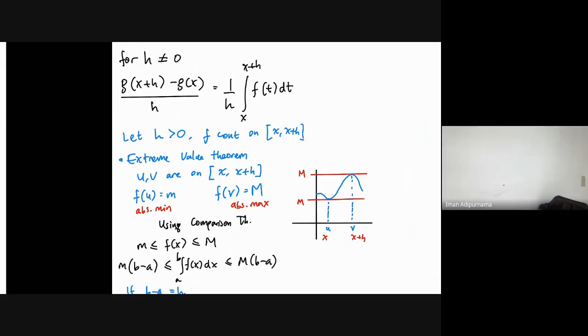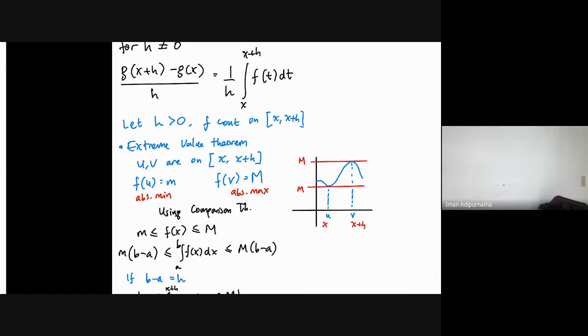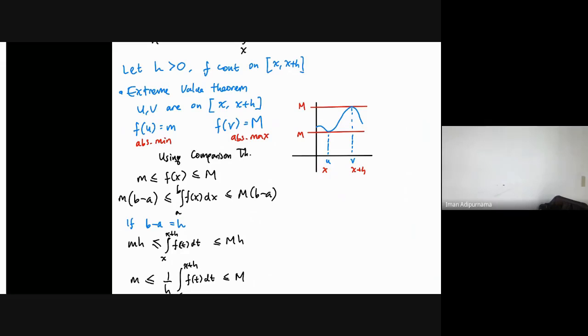And we can use the comparison theorem from the previous integrations, so we get this part. If b minus a is the distance h, then we can change this b minus a, and a, b become x to x plus h.